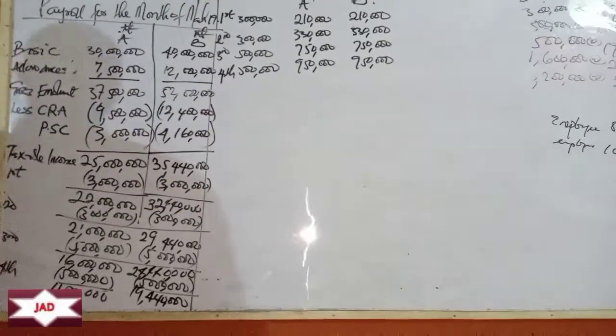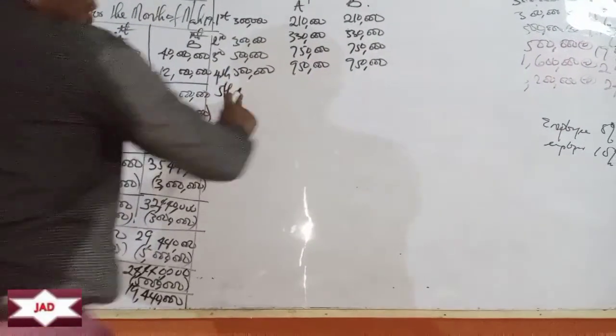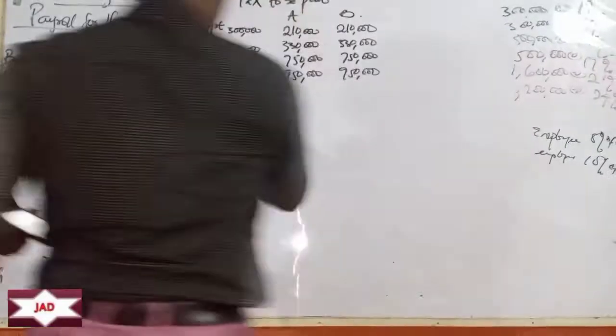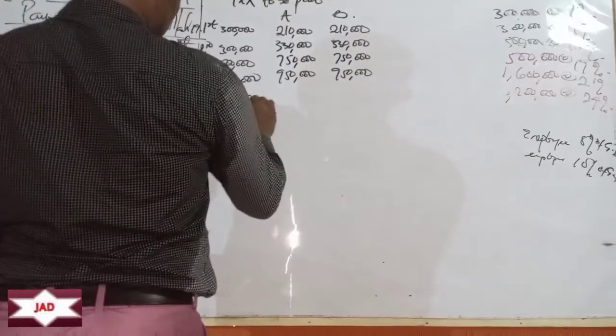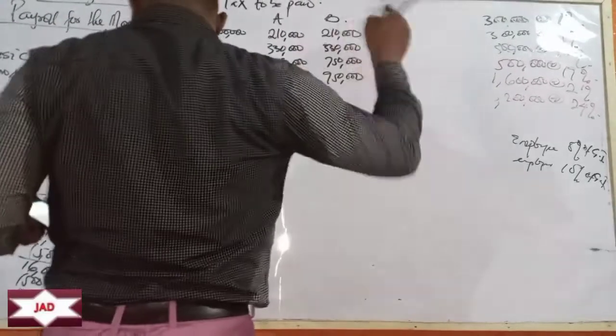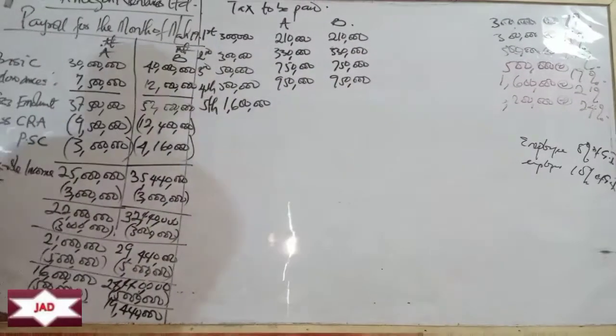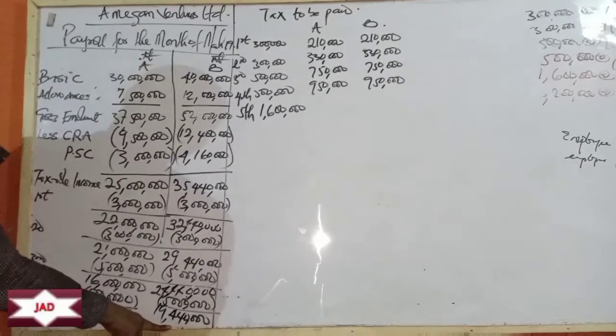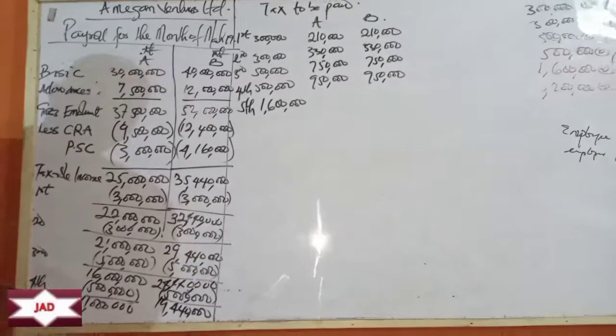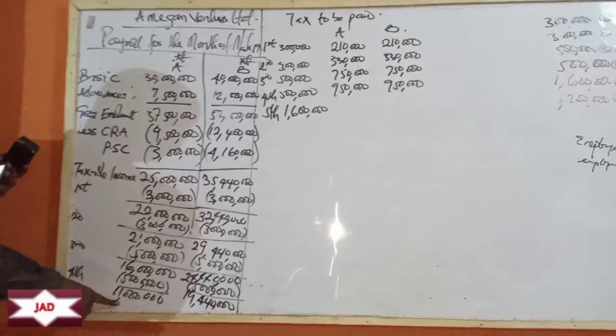So the fifth now will be what? 1.6, right? So for 10, that's 16 million. So it means that this will end here, but this will still continue. Okay? So this guy now is having 11 million naira left.